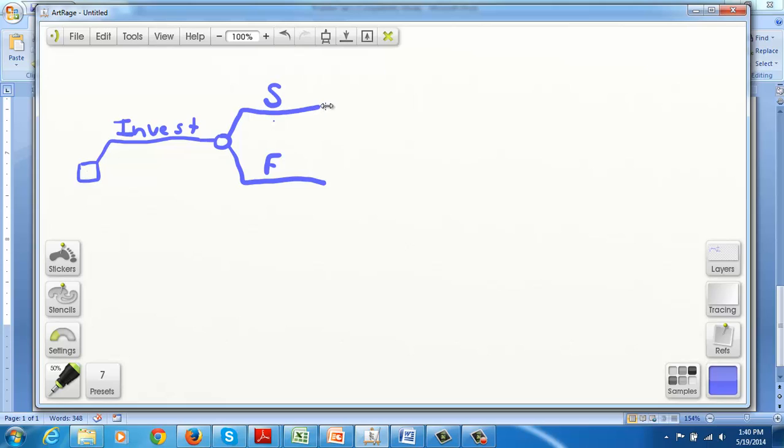And then if successful, what's the outcome of our success? So we have a high value and a low value. Our value is dollars million. And the high value is a $50 million payout, but we have to invest $10 million as we go down this path, which results in $40 million.